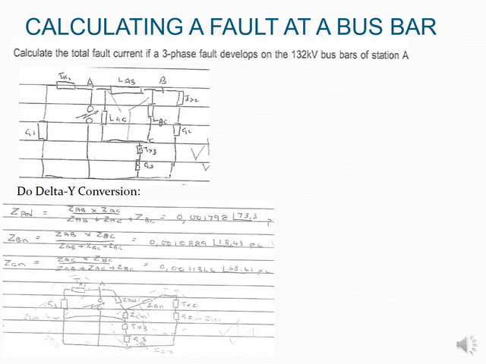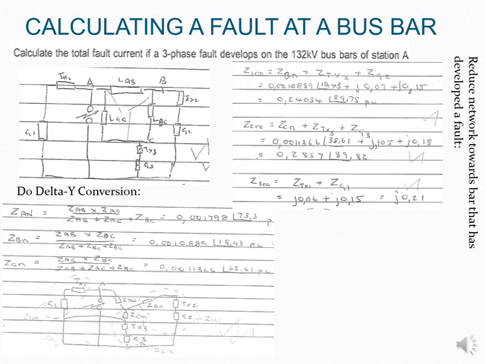So what I do is I first do my delta conversion in order to simplify the circuit. I do that by using the formula that gives ZAN, ZBN, and ZCN. Once I've done that, I start reducing my network towards the fault, which is my A bus. So I try to add together all of the impedances that I can.